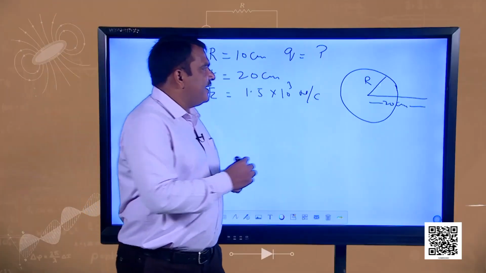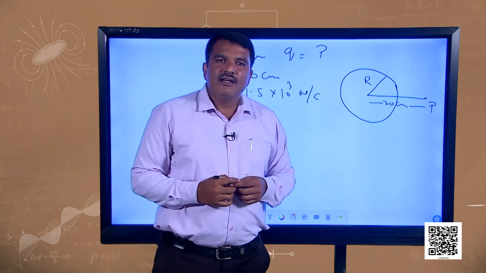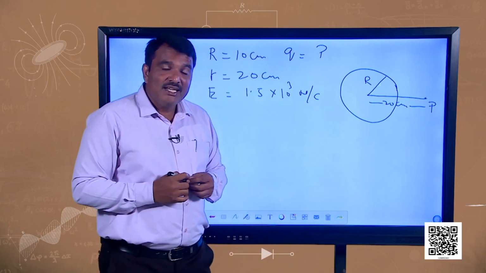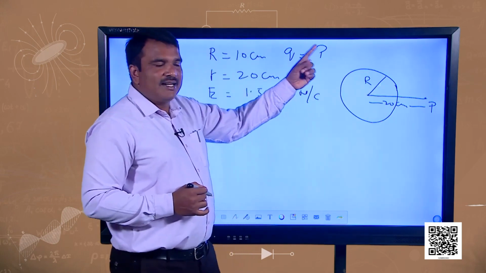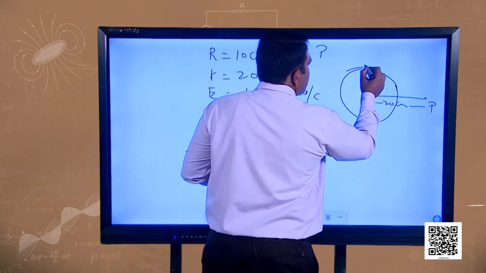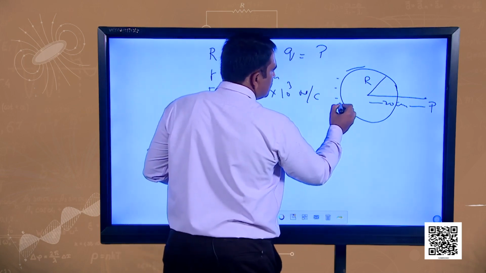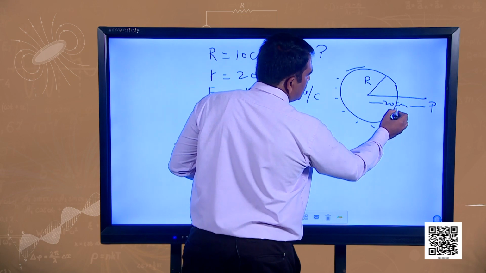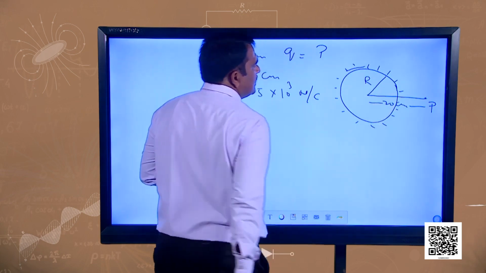Because electric field at this point is pointing radially inward, what does it mean? It means the sign of the charge on the surface of the sphere is negative.